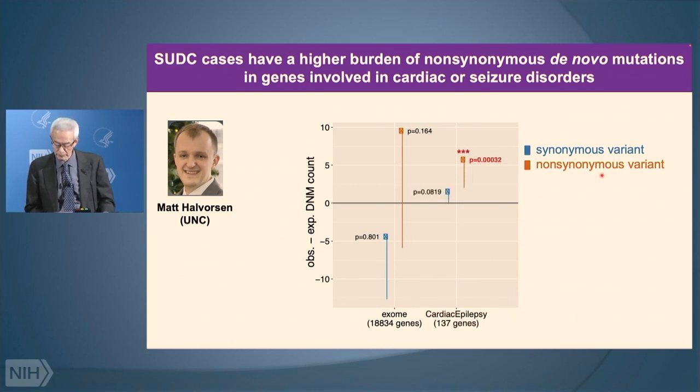And in fact, we found that in a subset of genes which are labeled cardiac epilepsy genes, not distinguishing between disorders of electrical activity, whether they be in the heart or in the brain, we lumped them all together. We had 137 genes, and we looked to see what were the odds that you would find a de novo mutation in this subset of genes.